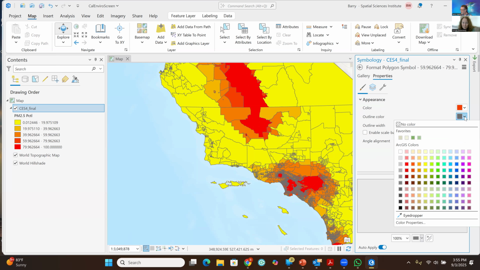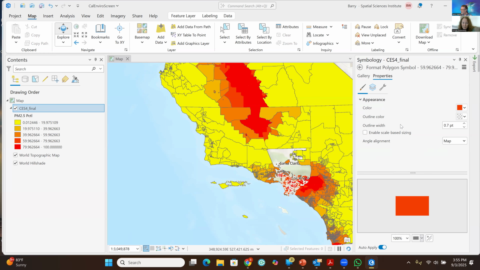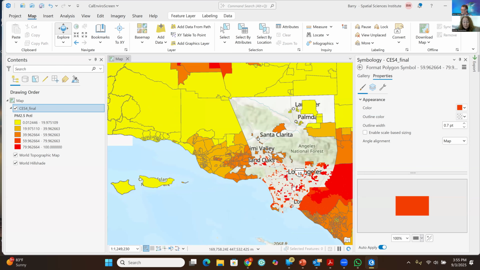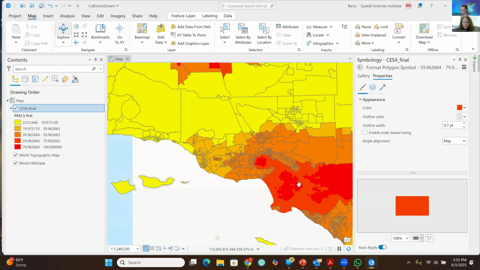And again, no color. You could also do white. It's an interesting effect, but we're going to do no color. And look how much that cleans it up. That way you're not seeing all the outlines on the urban areas. What you're seeing are the colors, and that's the message of your map, because you don't care about what each little dot looks like.